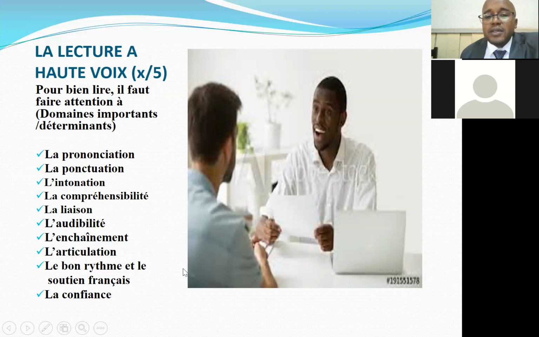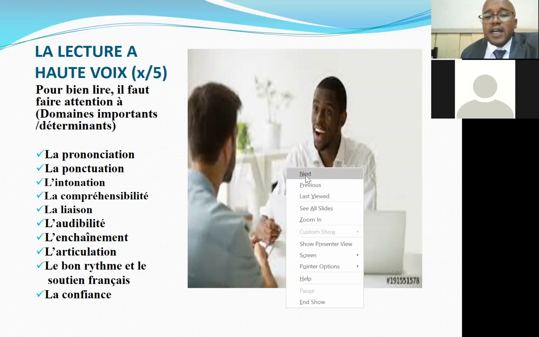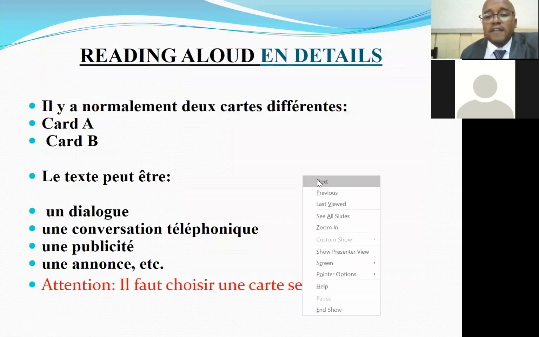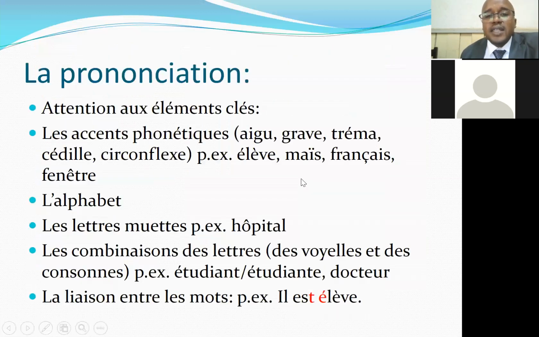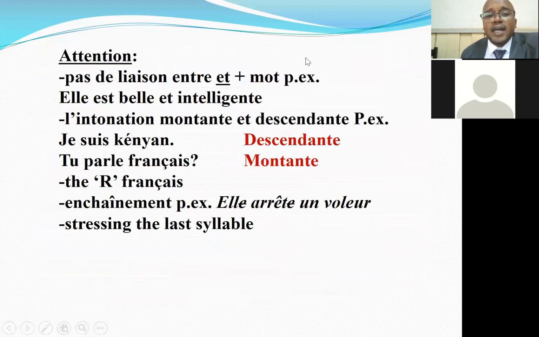We need to remember those so that it is easy for us to say we got everything that we wanted to get in the reading aloud.